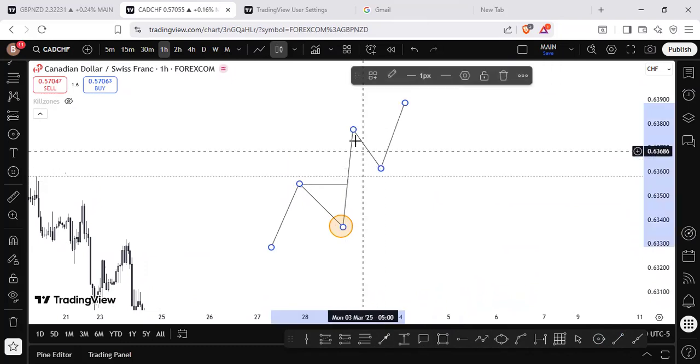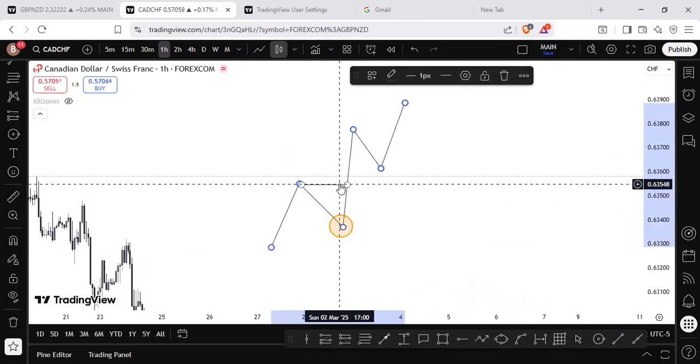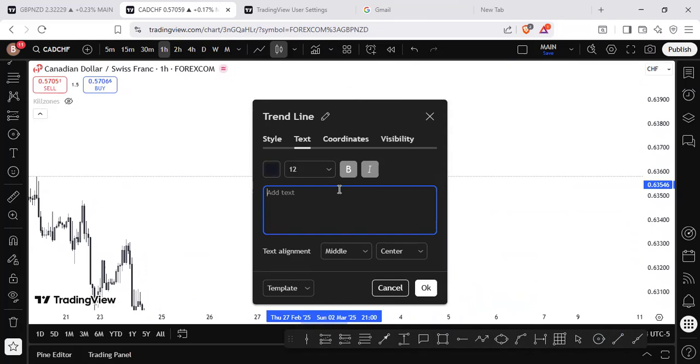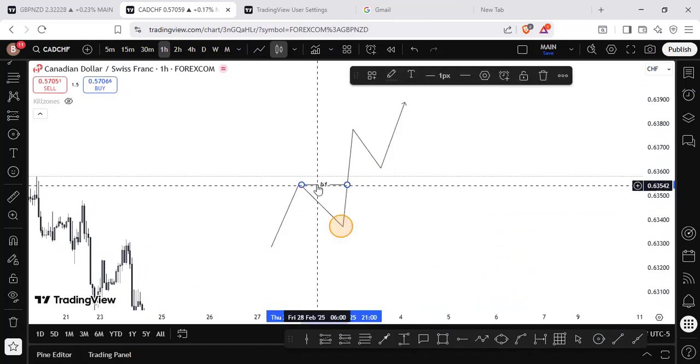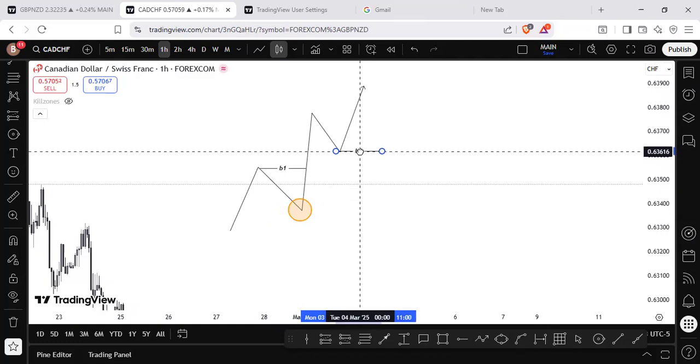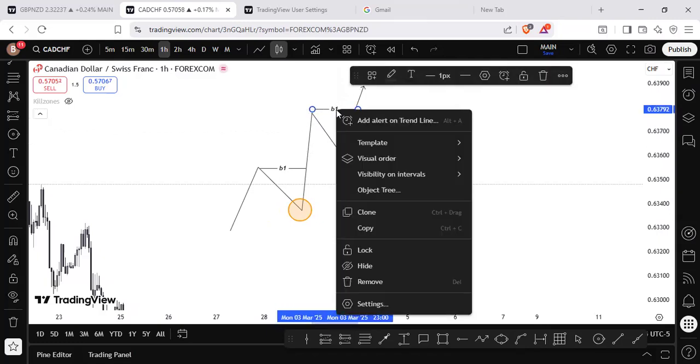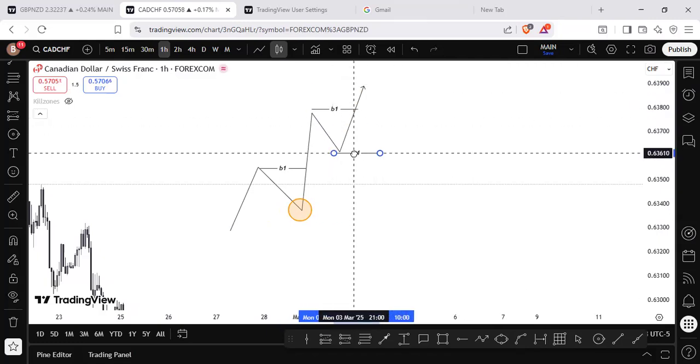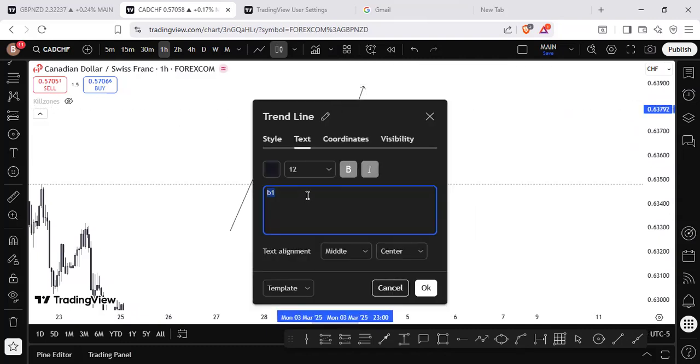Then wherever B1 ends, coming down gives you your IDM. So the origin of your B2 here, B2 above. Then here will be your IDM.